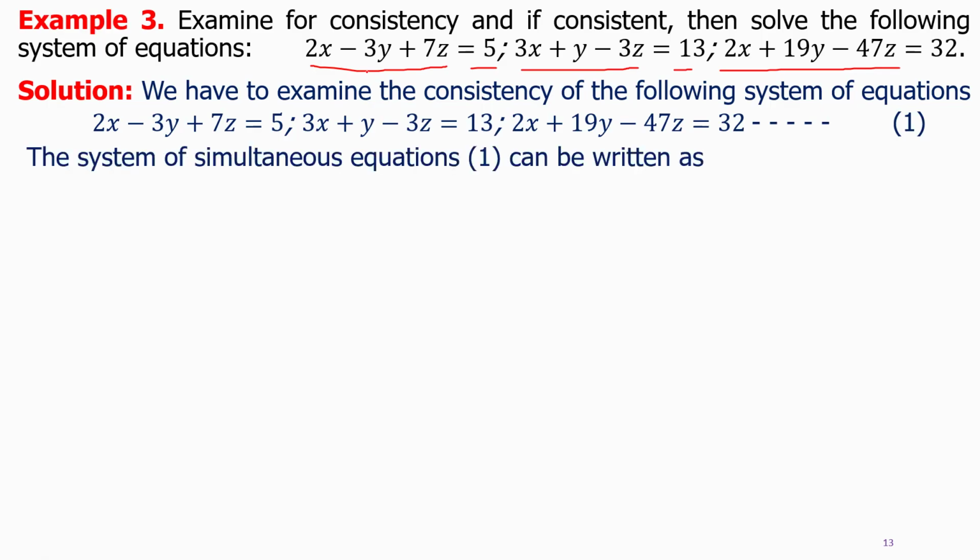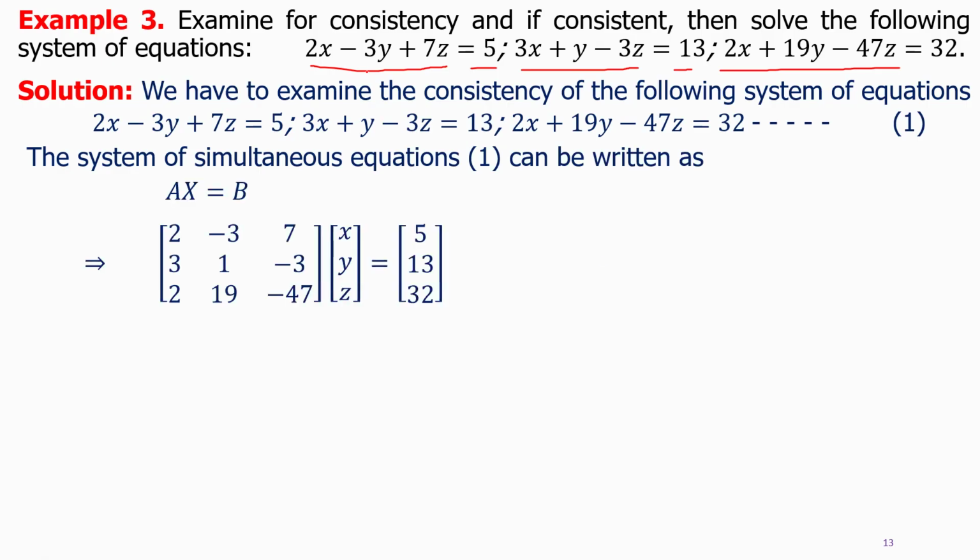So the system of simultaneous equations can be written in matrix form, AX equal to B. So 2, minus 3, 7. This is nothing but the coefficients: the coefficient of x is 2, y is minus 3, z is 7. Similarly, in the second equation, 3, 1, minus 3.